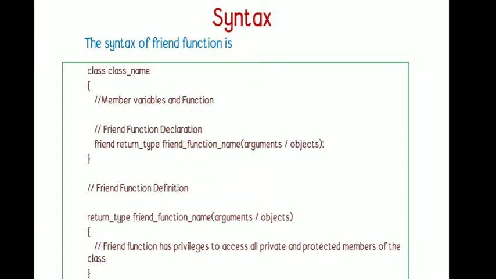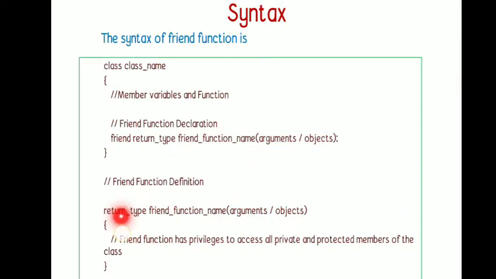Suppose if a member is defined outside the class, then we must specify name of the class with the scope resolution operator. Here no need to specify class name or scope resolution operator, and we can define this function as a normal function. Normal function has return type, name of the function, then arguments.